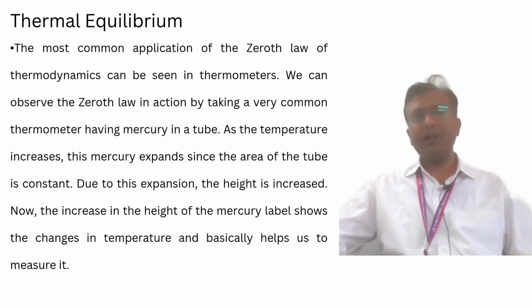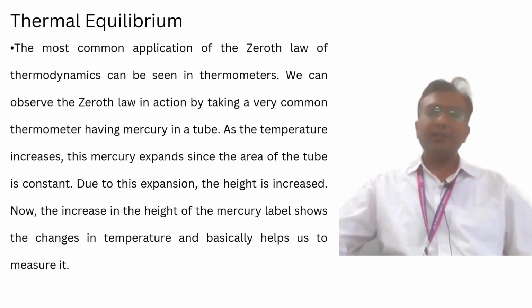Third is the temperature indication. The thermometer is designed to exploit a temperature-dependent property of a specific material. In a traditional mercury or alcohol thermometer, this property is the thermal expansion of the liquid.